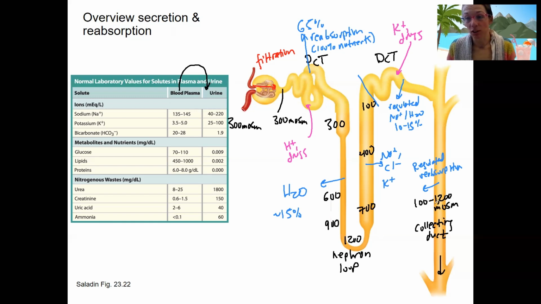So that's dependent on what happens in the DCT and the collecting duct: how much water is reabsorbed, how much sodium is reabsorbed, and how much potassium is secreted.